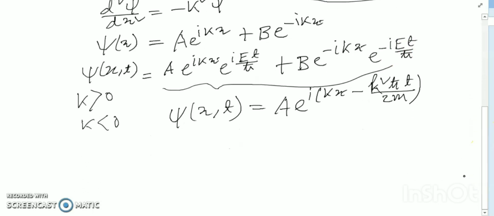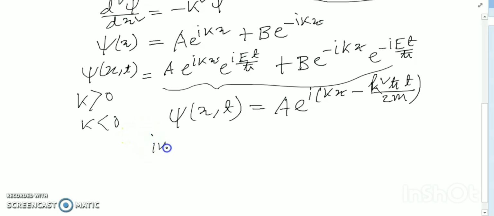So a free particle means the case where there is a potential V equals 0 everywhere. And I have to discuss the infinite square well.